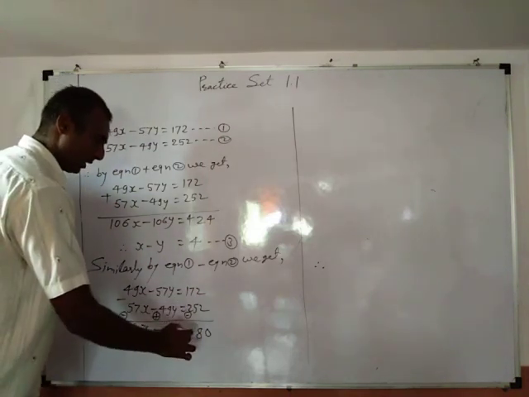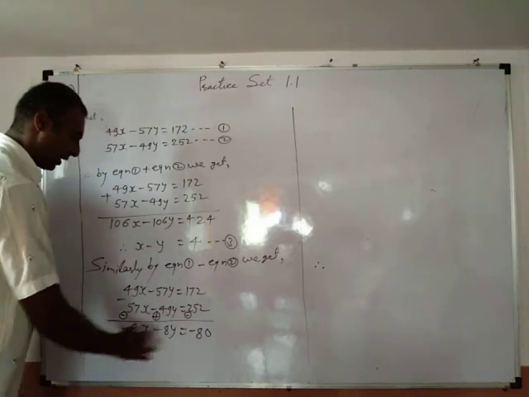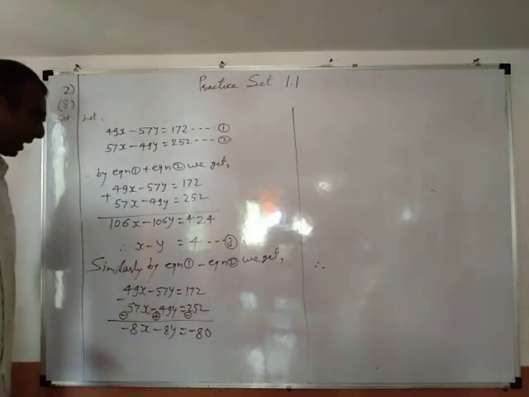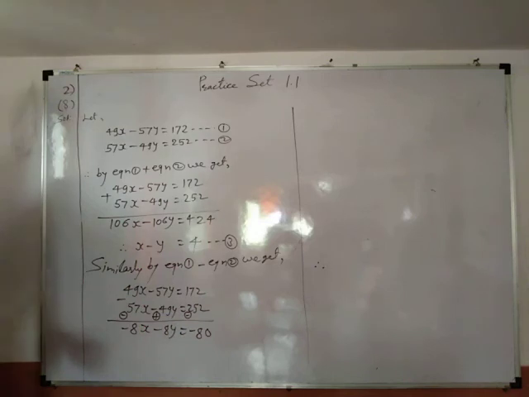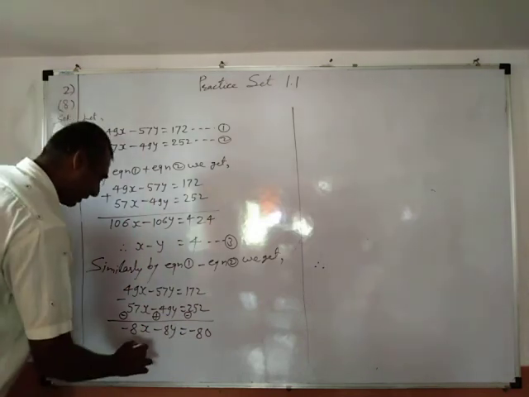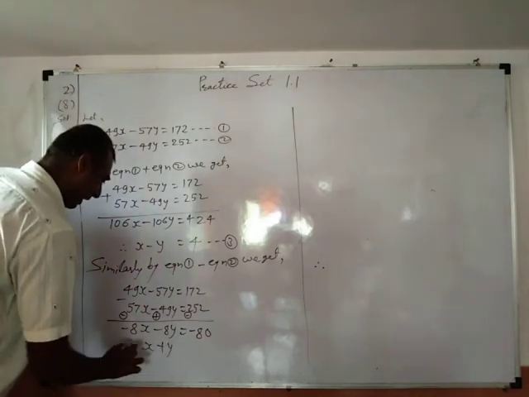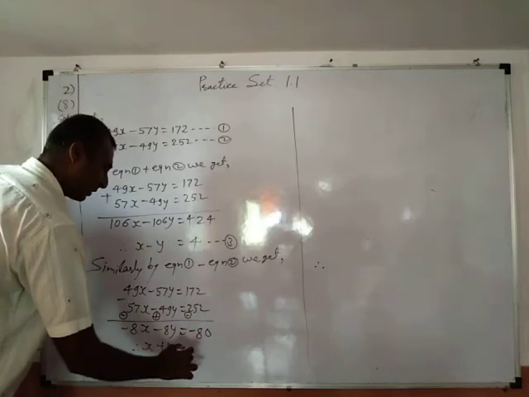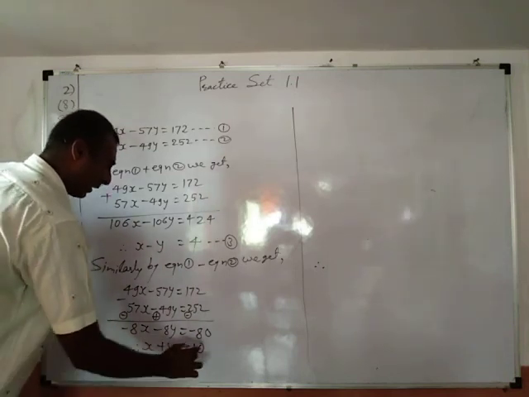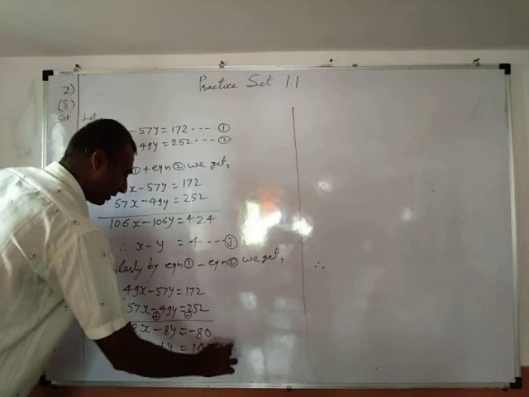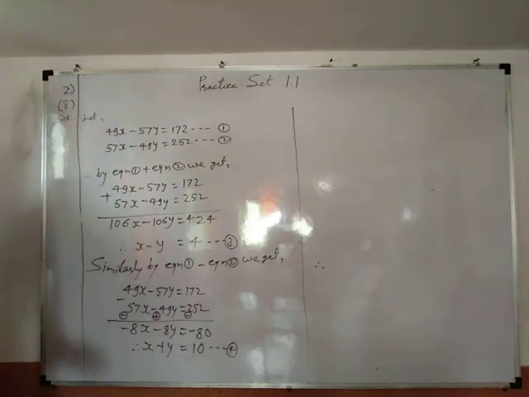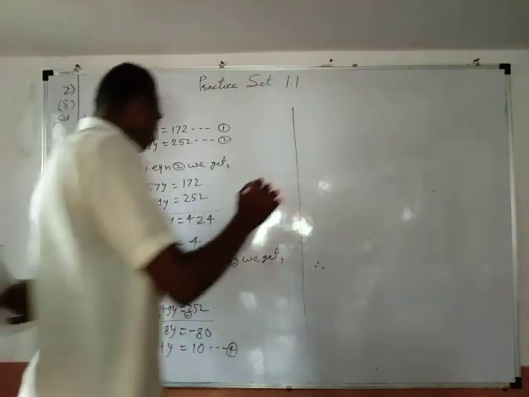But the sign will be minus in this case. Now the complete equation is divisible by minus 8. Dividing both sides by minus 8, we get x plus y equals 8 tens are 80. Let's call it equation 4. x plus y equal to 10.